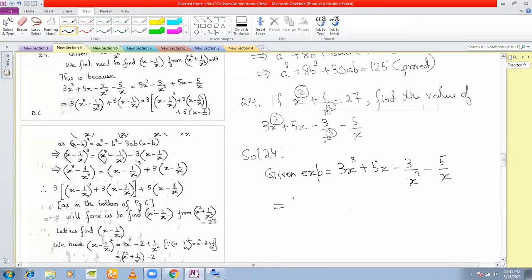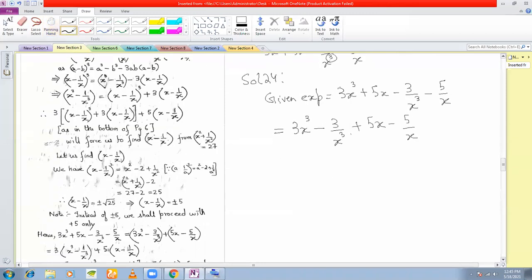Now you take the power 3's together. So you have 3x cube minus 3 by x cube. And you take the power 1's together, plus 5x minus 5 by x. Now what you see here is you have 3, can take common from the first two to get x cube minus 1 by x cube.